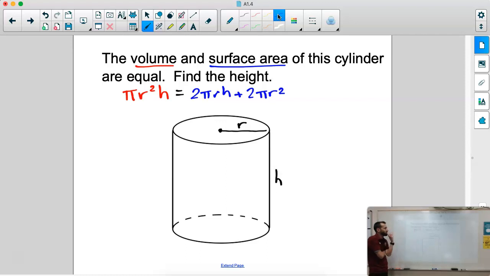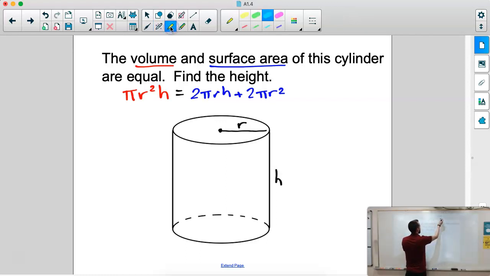What they're asking you to do on a problem like this is to take these formulas, and take a variable, like in this case, the variable h, and get it all by itself, so you get h equals, and then whatever else it equals. And it's going to be a bunch of pi's and r's squared. It's going to be this big hulking mass of letters.